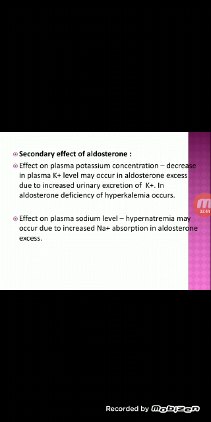When there is aldosterone excess, there will be a decrease in plasma potassium, due to increased urinary excretion of potassium. And on sodium level, when there is aldosterone excess, there will be an increase in sodium absorption.